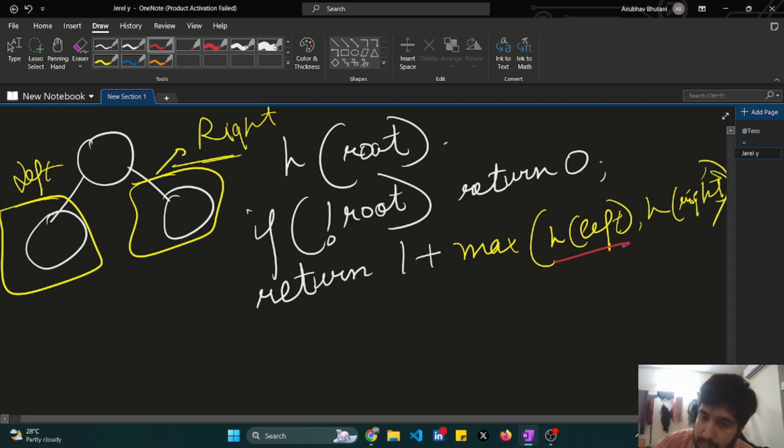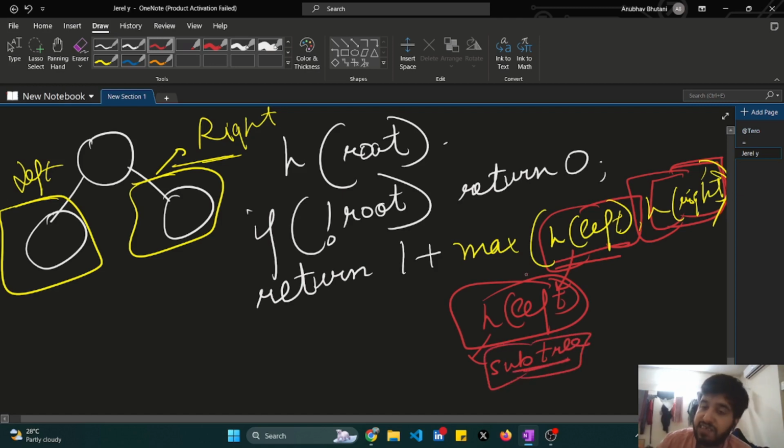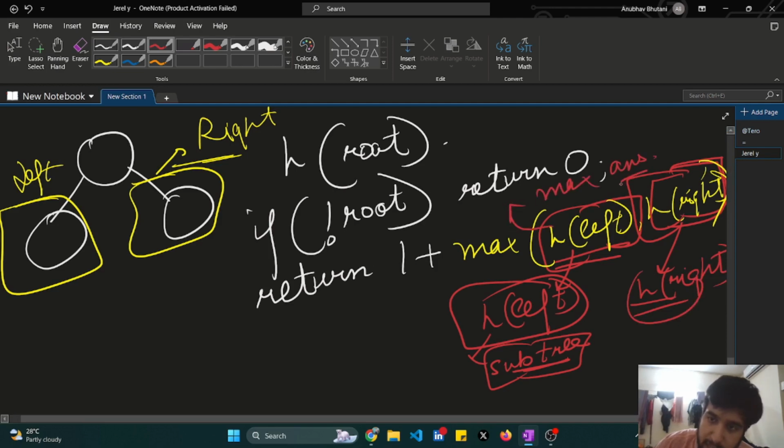Because this will be done recursively. h of left will be acting on a subtree. Recursive means again and again, and this function would be performing recursively for the right subtree as well. And it would return me the maximum answer.